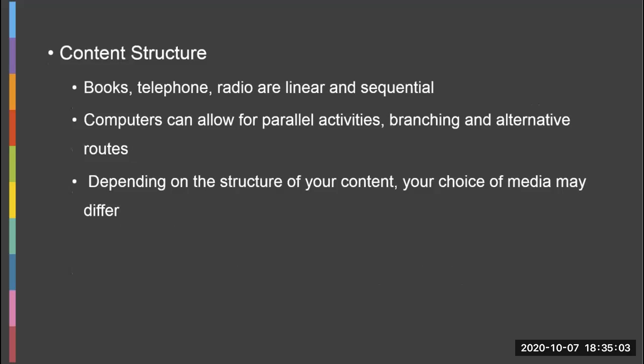As you can see on your slide there, we differ in content structures based on whether something is linear or sequential, or whether it requires a parallel activity where there is branching out and there are alternative routes. So if you are explaining a problem, generally this could be explained in a linear fashion, and this may require media, for example, such as a book or telephone or a radio, where everything is laid out in a linear fashion.